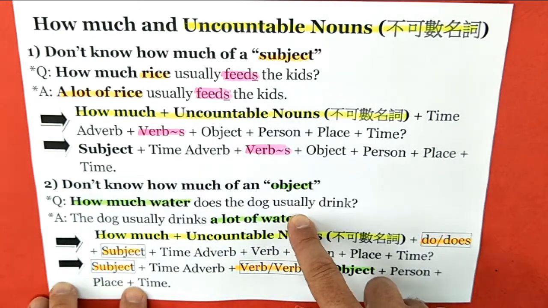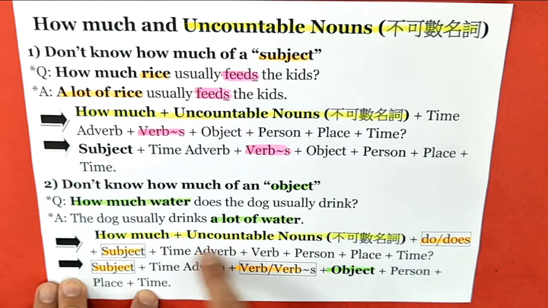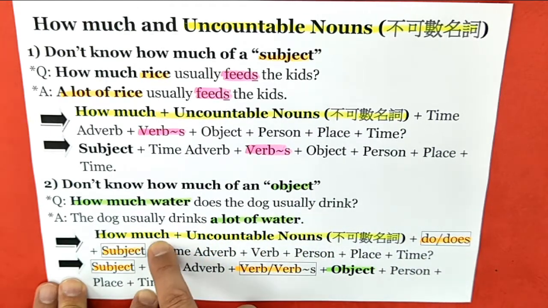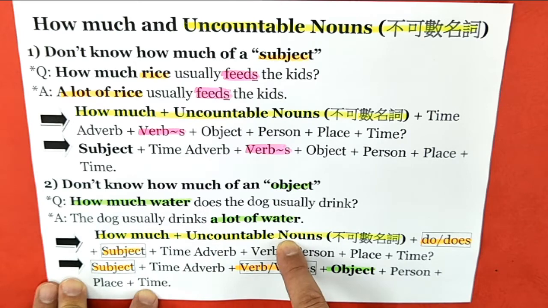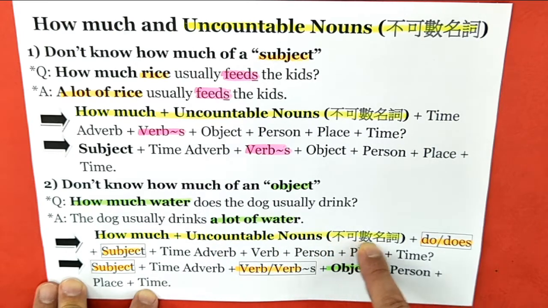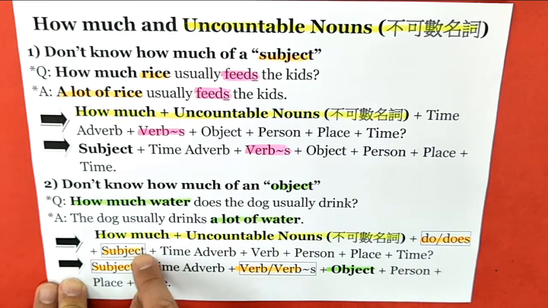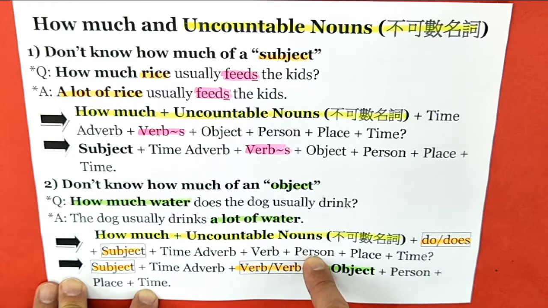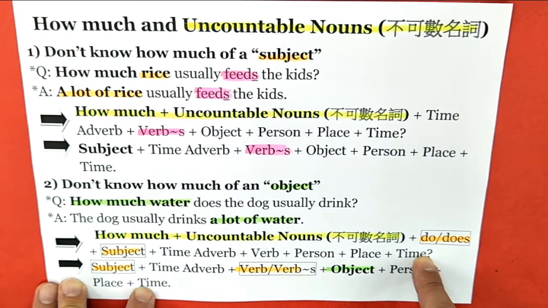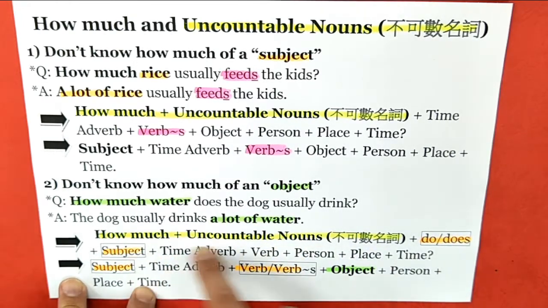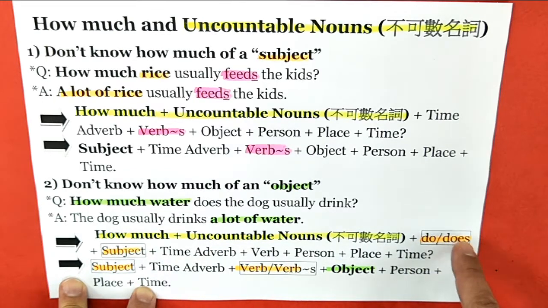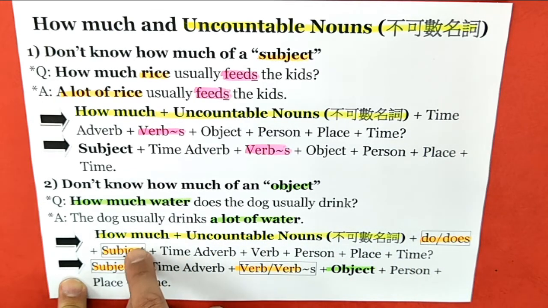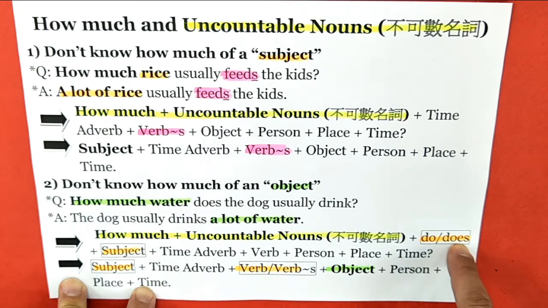All right. Now, what's the sentence pattern? How much plus an uncountable noun plus do/does plus subject plus time adverb plus verb plus person plus place plus time. Remember, the subject must agree with the helping verb. He, she, it: does.